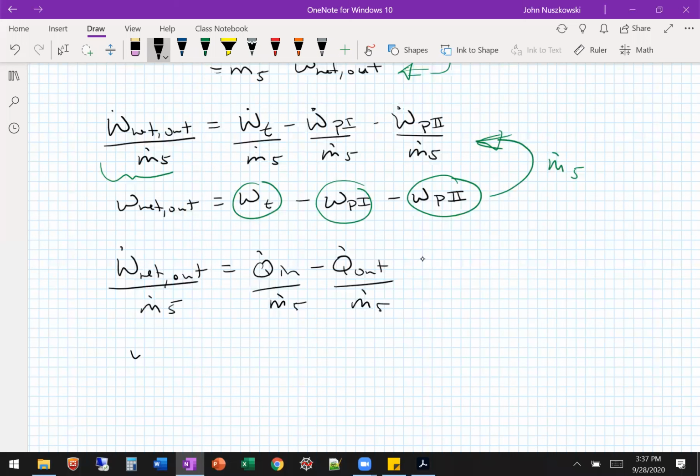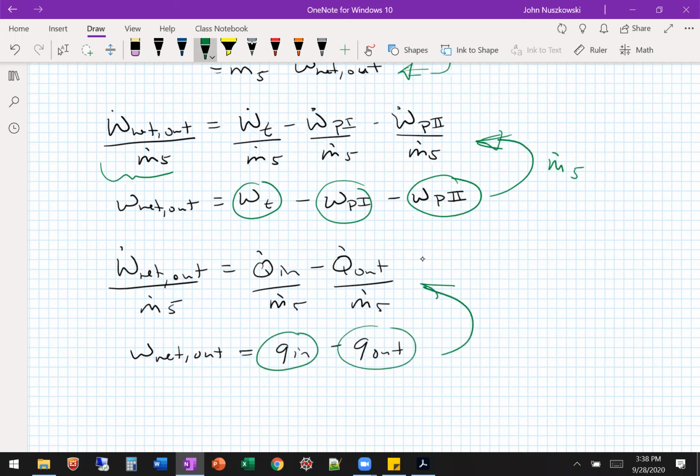So you get the work net out per mass flow rate 5: Q in, Q out, and again, these are all based upon mass flow rate 5, okay? Any questions on that? Okay, so we can go this route of using this equation or this one, right?